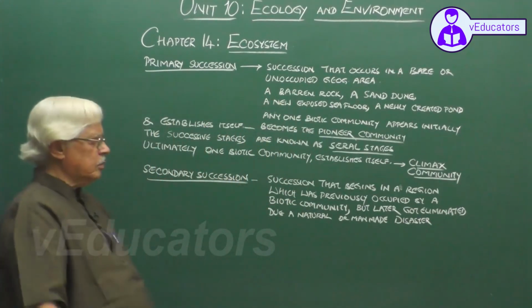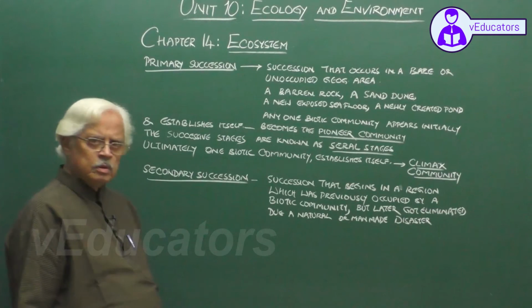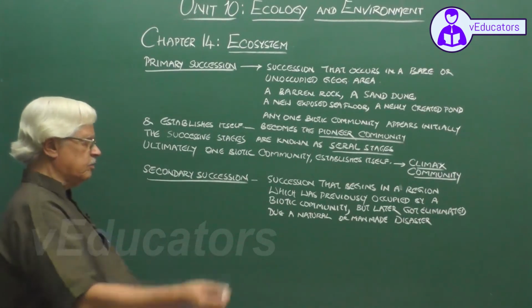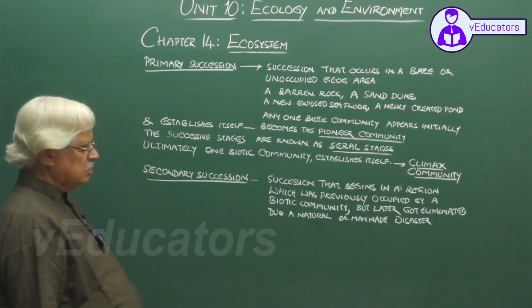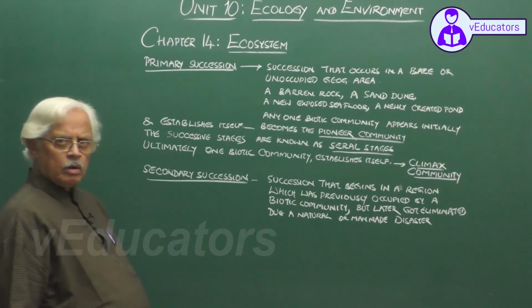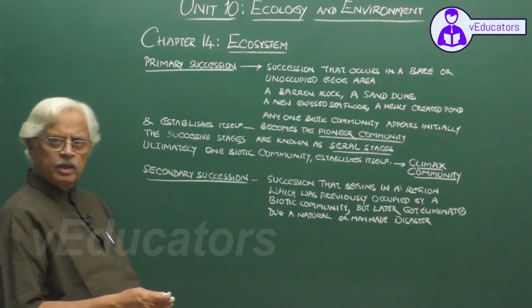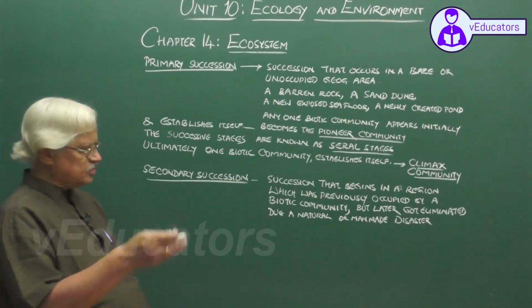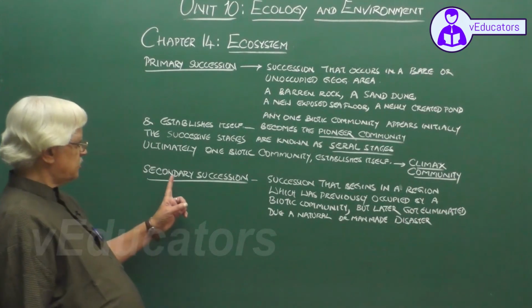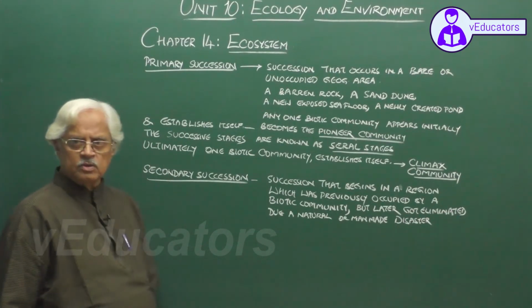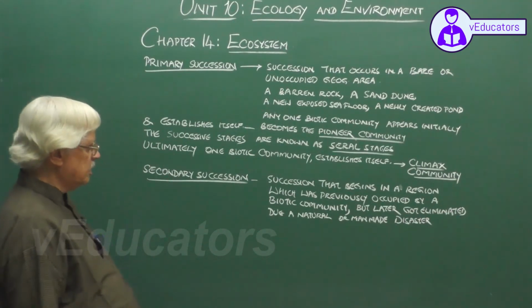Already communities had established. Suppose there is a flood, everything gets washed out. Over a long period of time, slowly succession again begins and biotic communities start establishing there. Such a situation is called secondary succession.